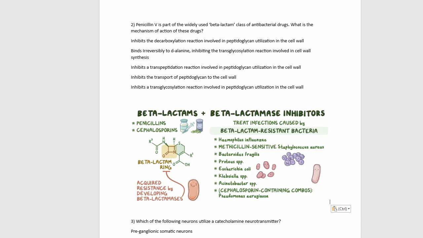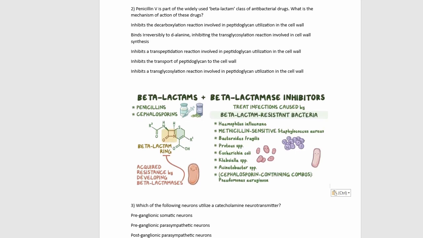So this arrangement is what confers the antibacterial activity of beta-lactam antibiotics, because these serve as the reactive site for binding to and inhibiting enzymes called penicillin binding proteins, or PBPs, and these are what are involved in cell wall synthesis.